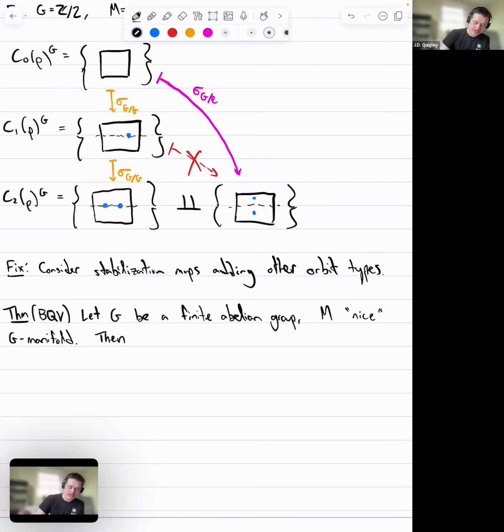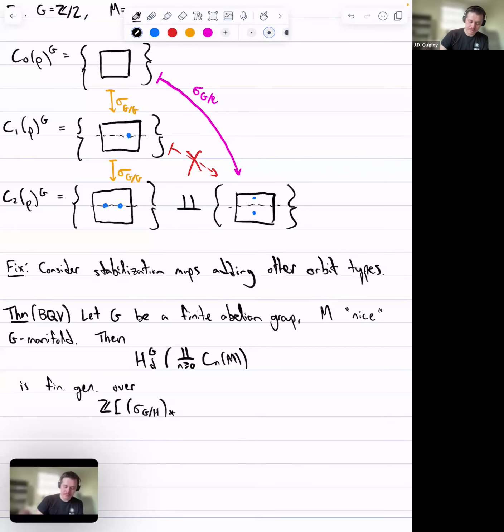Then, the Bredon homology of the disjoint union over n greater than or equal to 0 of Cn of M is finitely generated over, let's put it down here, the polynomial ring where I adjoin a generator for each conjugacy class of subgroup of G. And conjugacy classes are appearing here because if I mod out by conjugate subgroups, I get the same orbit type.